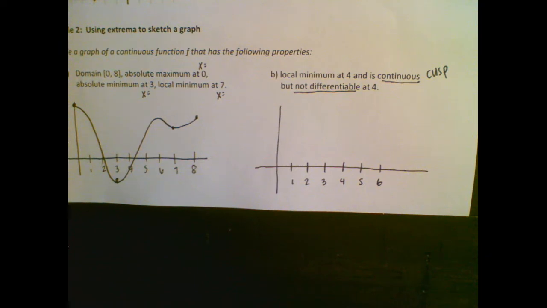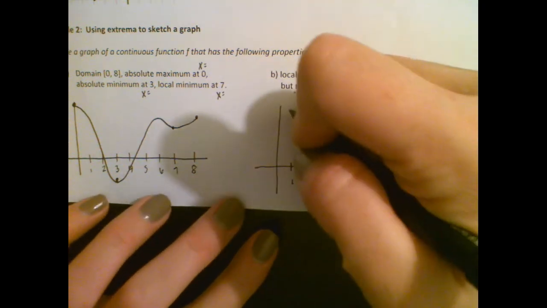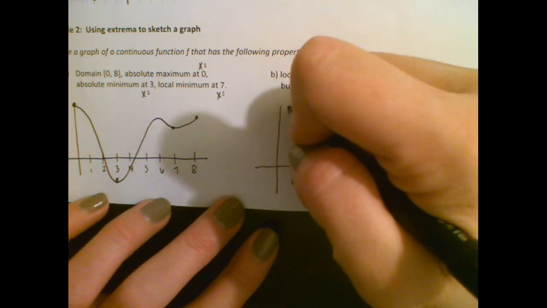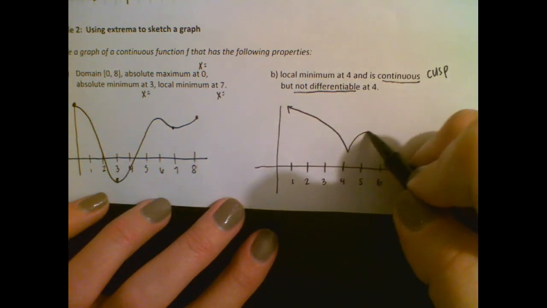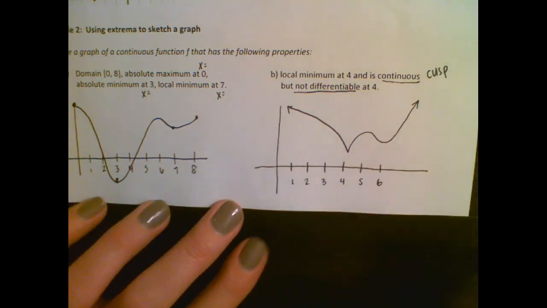So I have a local minimum at 4 and is continuous but not differentiable at 4. So maybe something that looks like this.